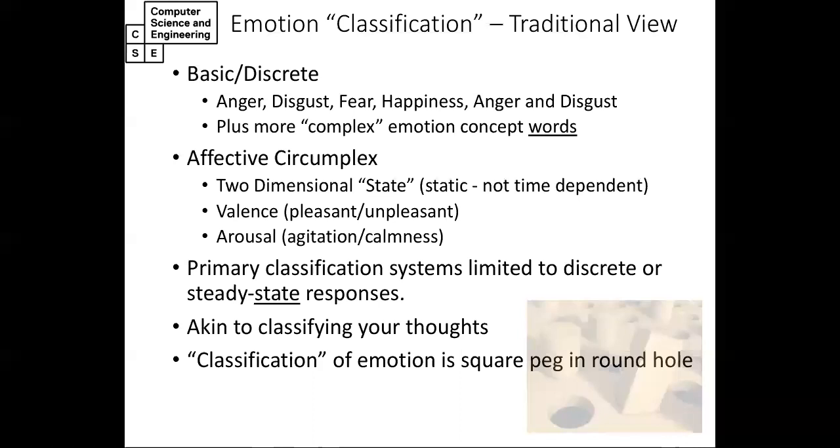And so that's what I mean by akin to classifying your thoughts, meaning just in those examples that I said. Right? So I can have thoughts that are scattered. I can have thoughts that are disjointed. And those are words that I'm attaching to my thoughts that, again, aren't thoughts that I'm describing in any sort of real emotional way. I'm just describing my thought patterns.